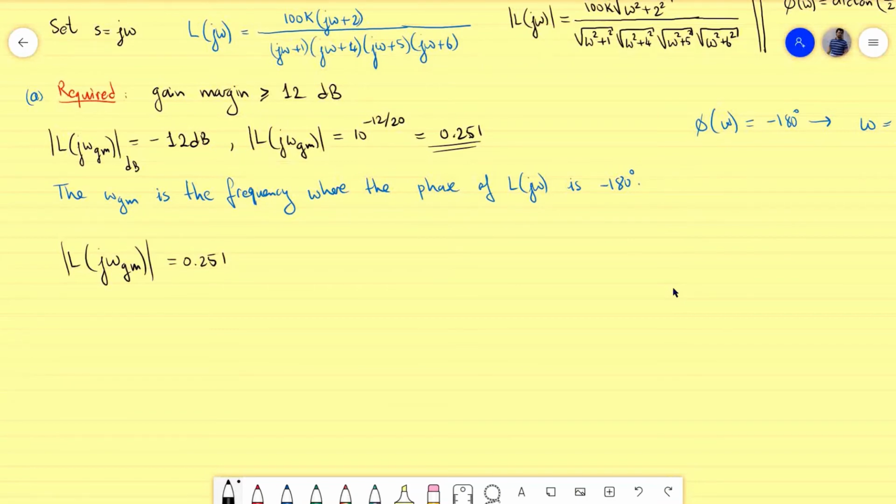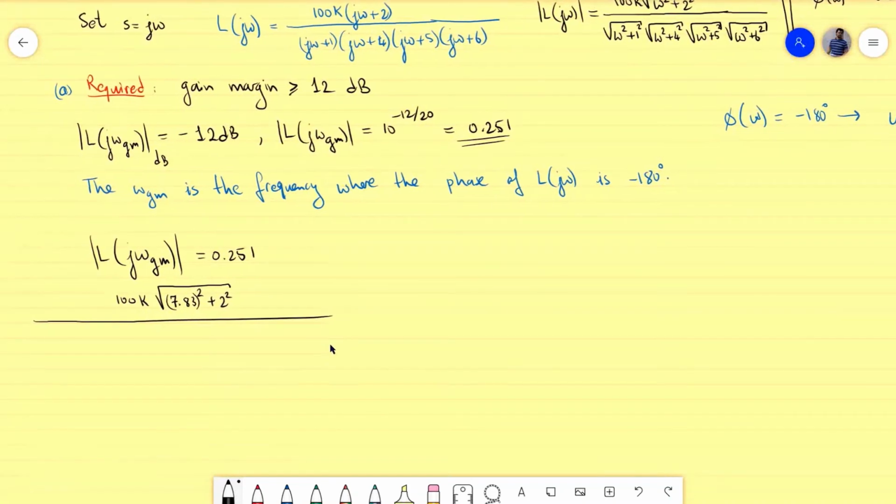Now I can say that's 100K and then the square root of 7.83 squared plus 2 squared. That's the numerator. Let me make some room here, and then the denominator has square roots, and that must be equal to 0.251.